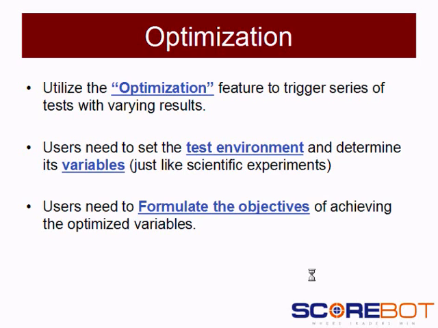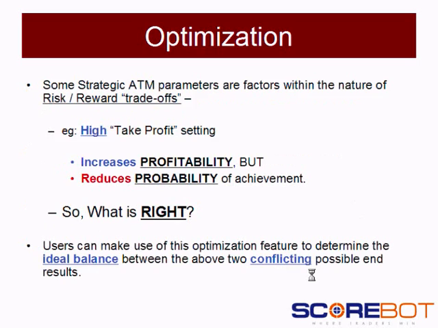Now, of course, in optimization, users will need to set the test environment properly and determine the variables that you want to test, just like any scientific experiments that you have done before in school. Users need to formulate the objective that you wish to achieve by the optimized variables.